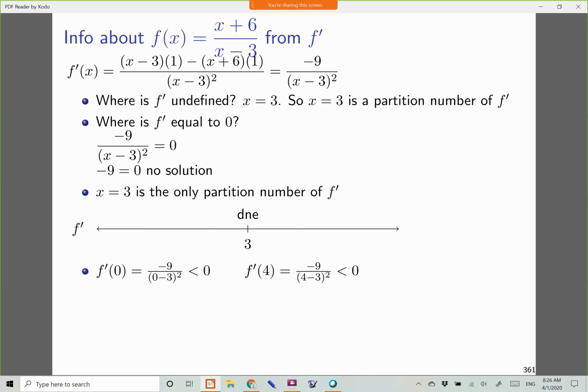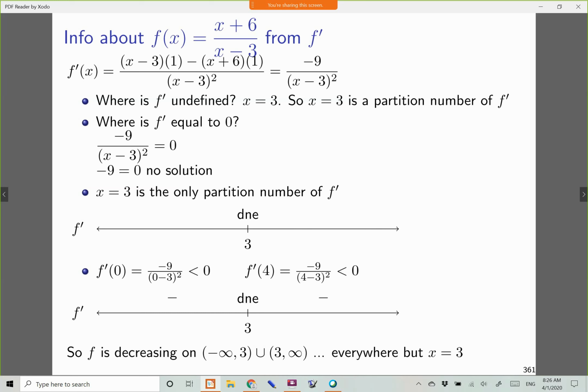The numerator part is a -9. So it looks like the numerator is always negative, the denominator is always positive. That's negative over positive. So we've got minuses in both places here. This translates into saying that f is decreasing everywhere with the exception of the number 3, technically.